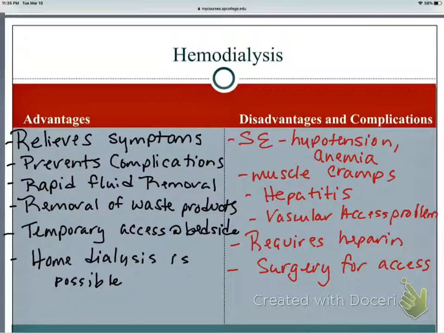So because they require multiple blood transfusions, what do you think that leaves them predisposed to? Infection, bloodborne pathogens, right? So such as what? What are the most common ones? Hepatitis. And hepatitis B we have a vaccine for, but C we do not.